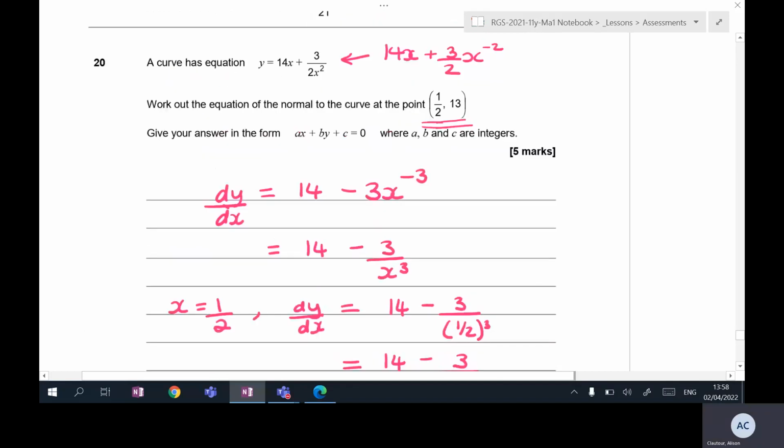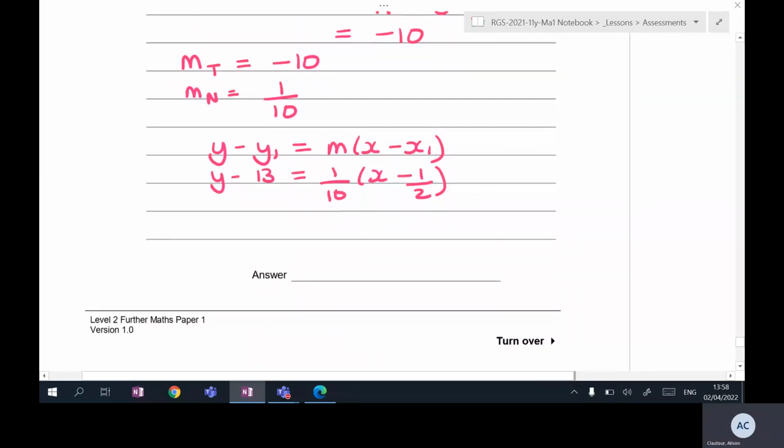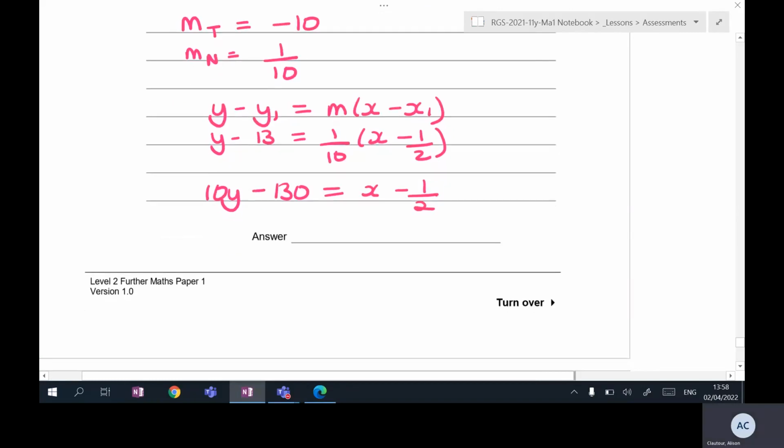Okay, now it asks for it in the form ax plus by plus c equals 0, where a, b, and c are integers. So it doesn't want any fractions in your equation. So first thing I'm going to do is multiply it by 10 to get rid of this 1/10 at the front. I then also need to multiply it by 2 to get rid of this half.